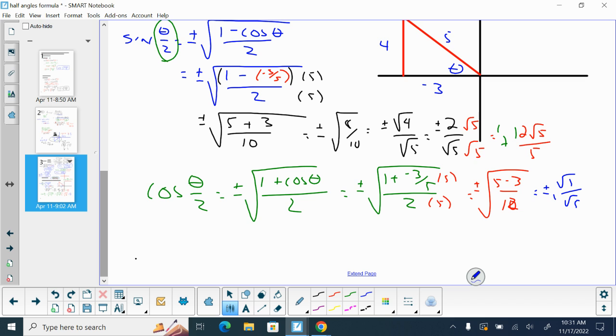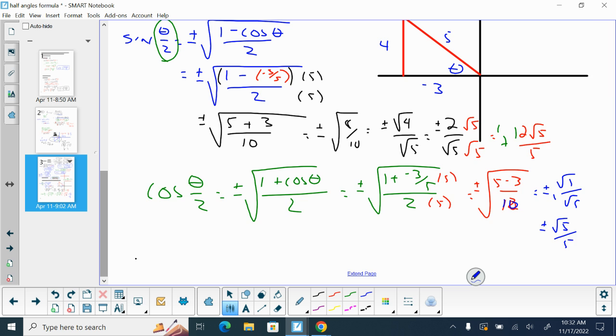So we have square root of 1 over square root of 5. 1/5 is your fraction. You clickety-clack it through your calculator, you get 1/5. Rationalizing this, we have plus or minus square root of 5 over 5.